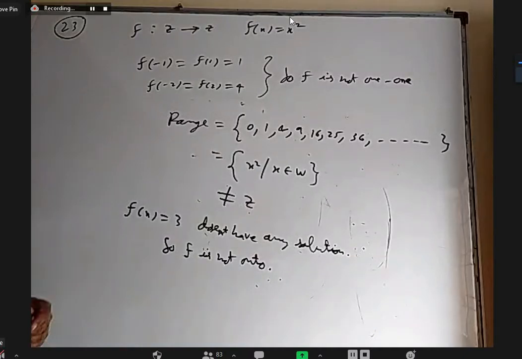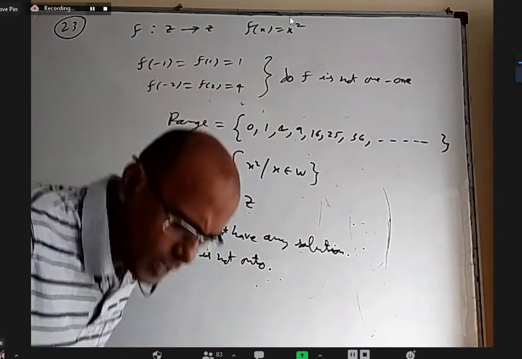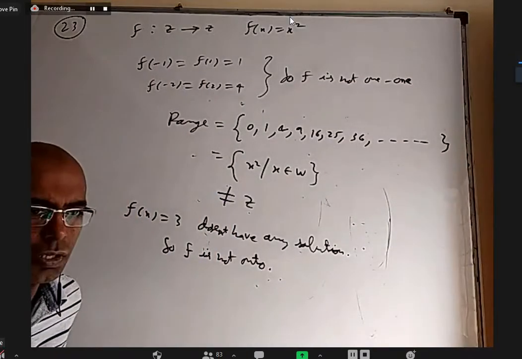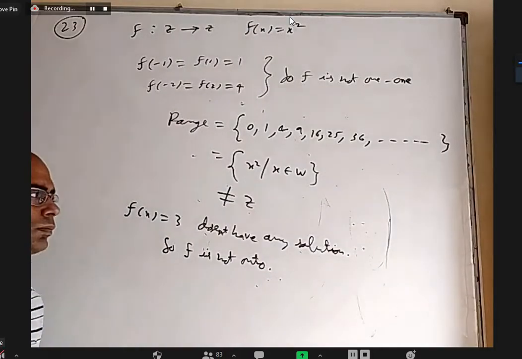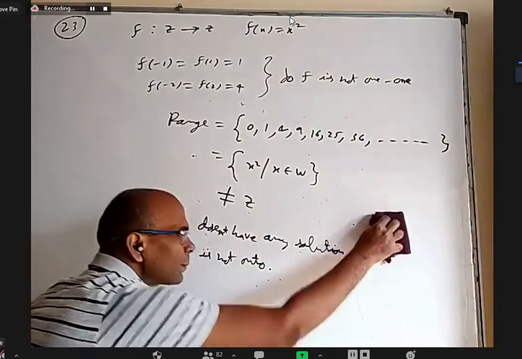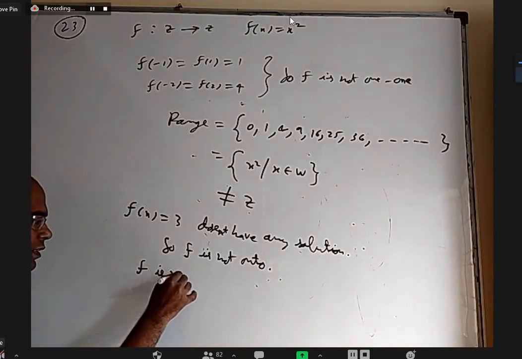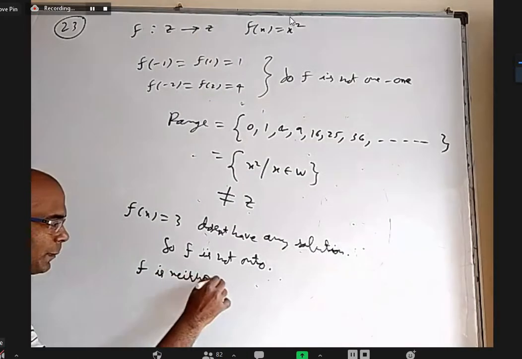So f is neither 1-1 nor onto. Sometimes if something is not onto, it is called an into function. And if something is not 1-1, it is called a many-one function. So f is neither 1-1 nor onto.